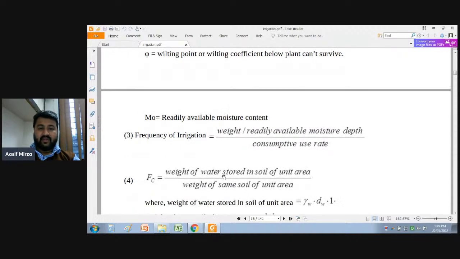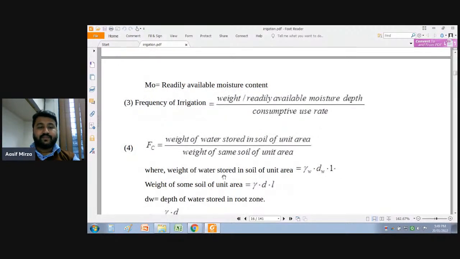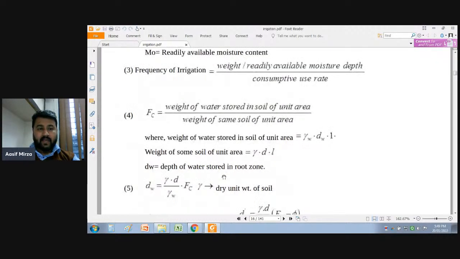Now, frequency of the irrigation is the readily available moisture depth divided by the consumptive use rate. Now, Fc is equal to the weight of the water stored in soil of unit area divided by the weight of the soil of unit area. Here, the weight of the water stored in soil of unit area is gamma w into dw into 1.